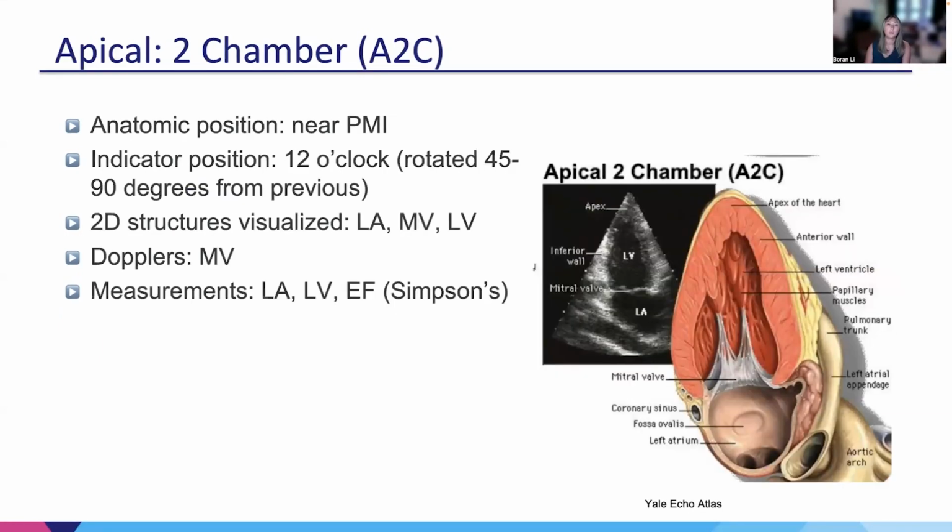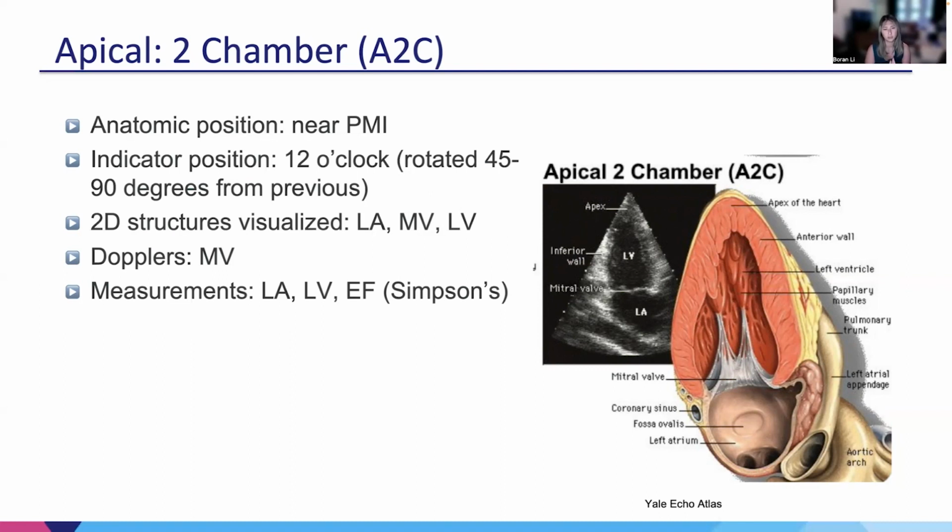And then finally, within our apical views, there's the 2-chamber view, which is necessary if you're doing a Simpson's calculation of EF. So we go back to the original view where we had the 4-chamber, and now you just take your probe and you rotate it in your hand so that it's roughly 45 to 90 degrees from your previous, and you're cutting the LV through this way instead of through this way.